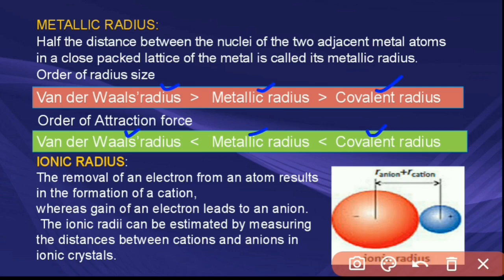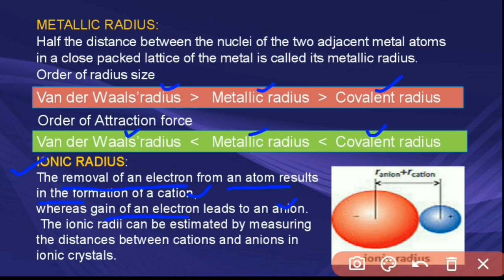Next radius is ionic radius. The removal of an electron from an atom results in the formation of a cation, whereas gain of an electron leads to the formation of an anion.